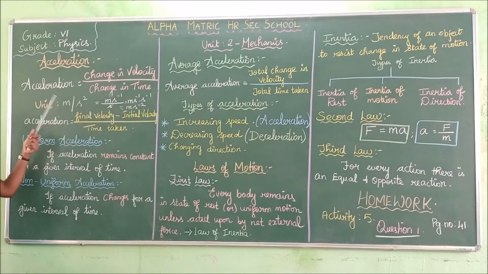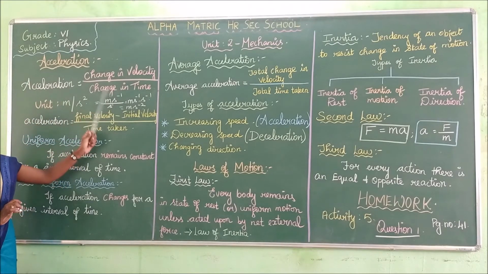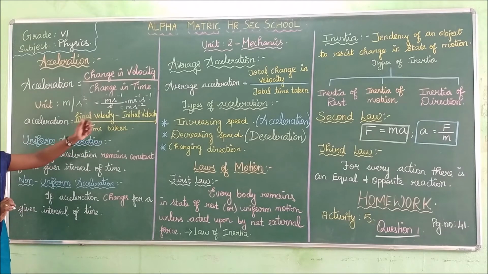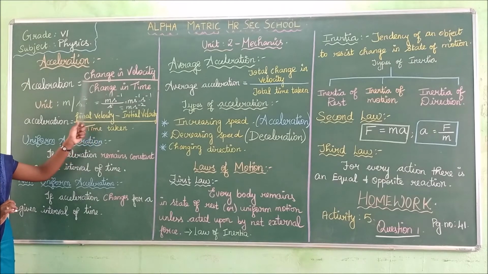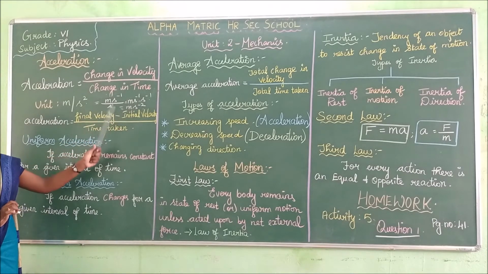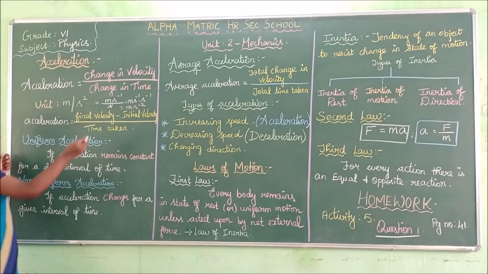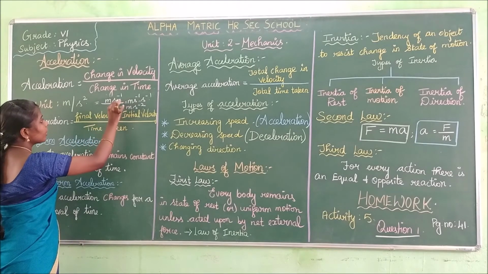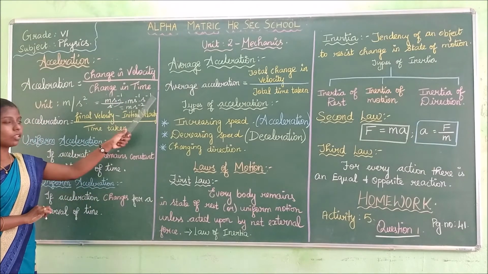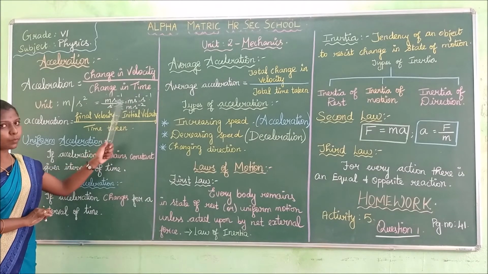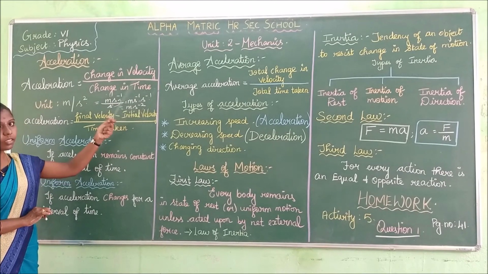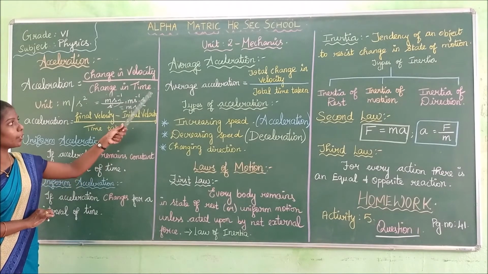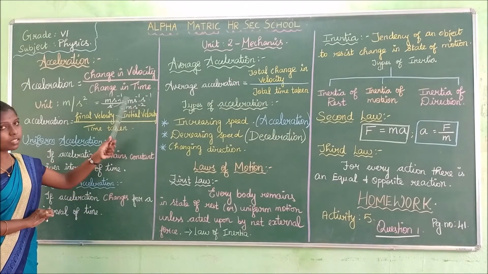Is it clear? Acceleration is change in velocity by change in time. The unit of velocity is meter second power minus 1 by unit of time is second. If this second goes to the numerator, it becomes minus 1. Meter second power minus 1 into second power minus 1. Minus 1 into minus 1 is minus 2.